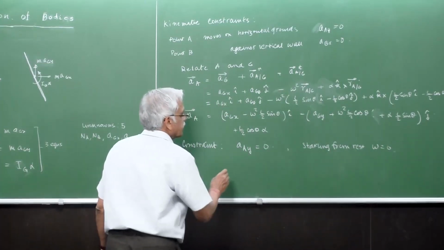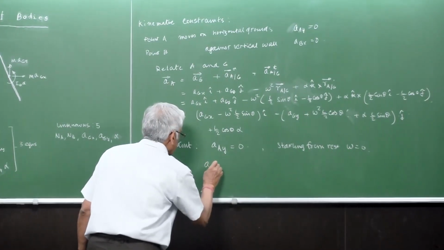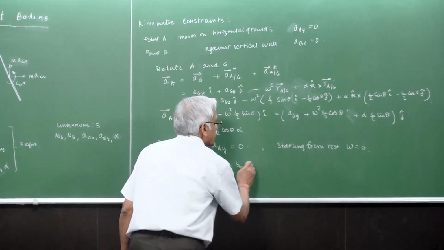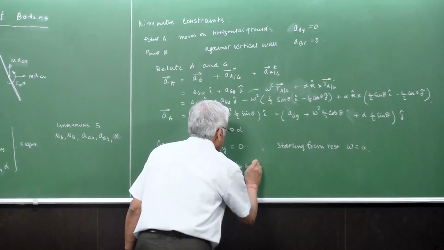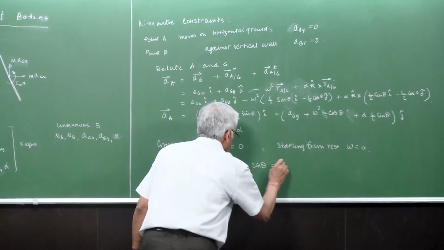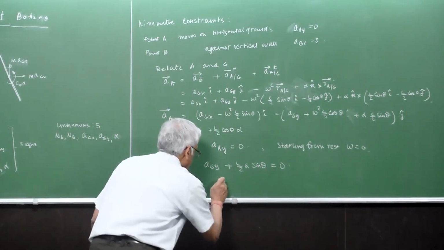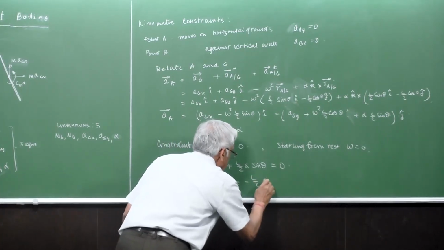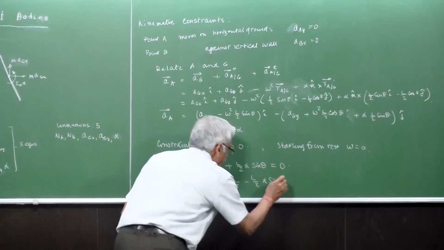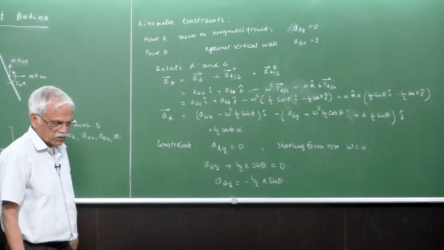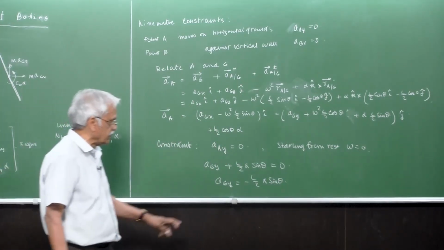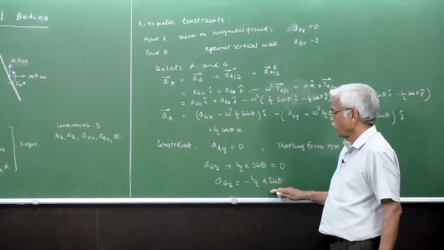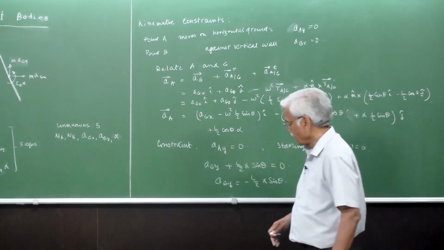So what essentially we have here is A jy plus L by 2 alpha sin theta, or L by 2 sin theta. So this is acceleration of G in the y direction is minus L by 2 alpha sin theta, right.